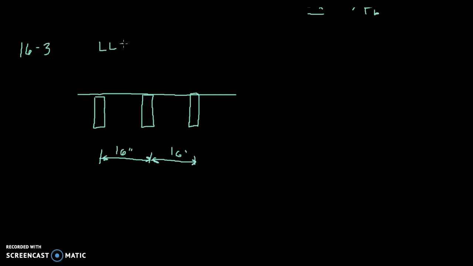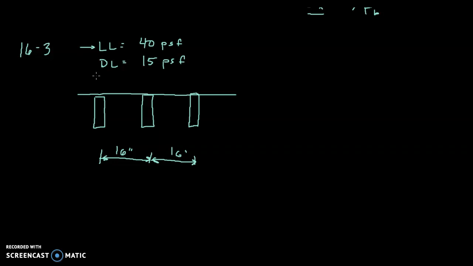We have two different types of load here. We have a live load of 40 pounds per square foot, and we have a dead load of 15 pounds per square foot. So what is live load and what is dead load? Live load is basically transient loads, things that move, things that are sometimes there, sometimes not.